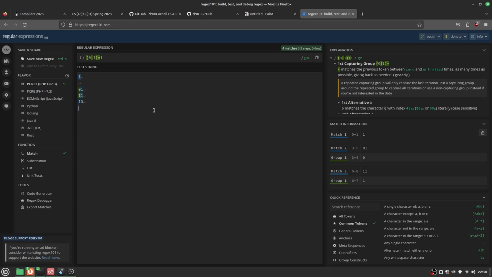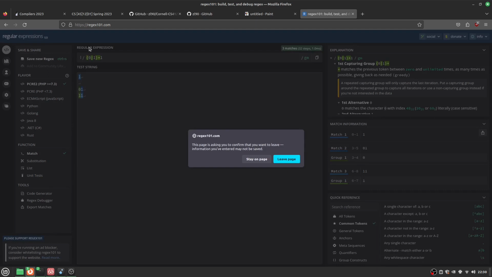It should always be concatenated with a 1, right? Wait, that shouldn't match. Okay. I'm obviously interpreting this wrong.